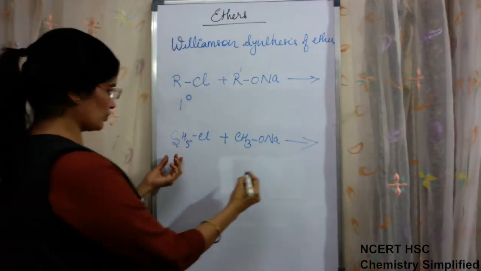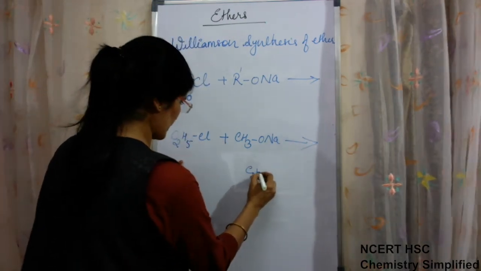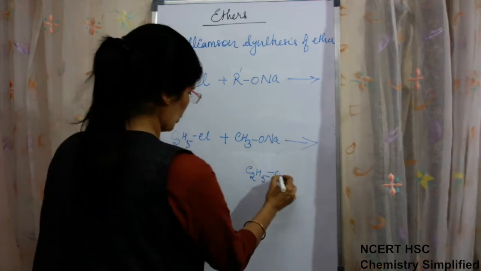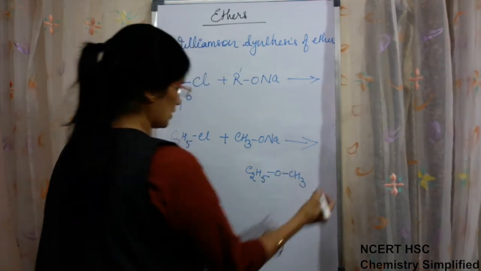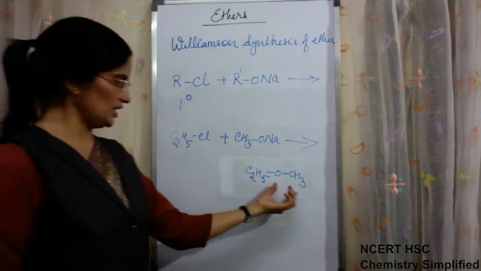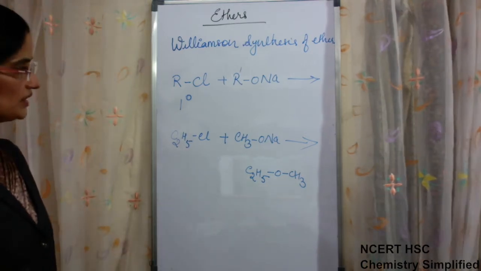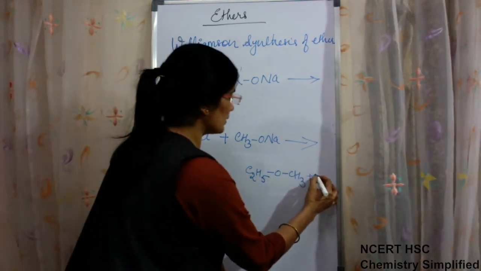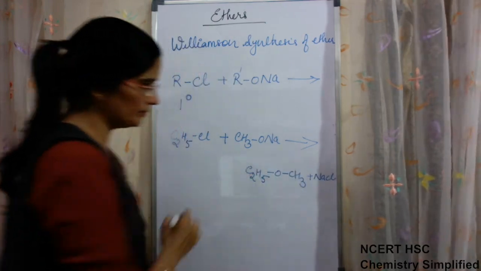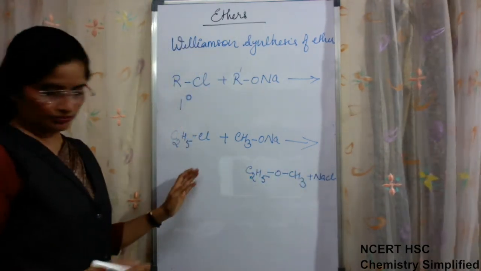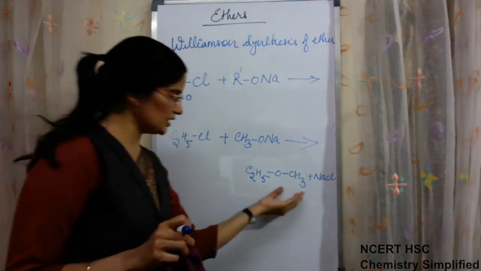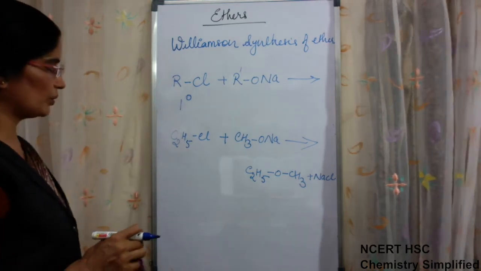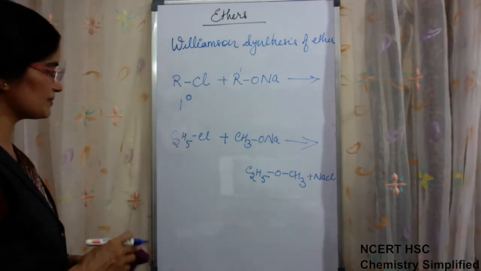Then in that case what will happen? C2H5OCH3, methoxyethane is the ether formed here, plus NaCl is the byproduct. Now again the ether which is formed is only 1 degree, no branching is present.